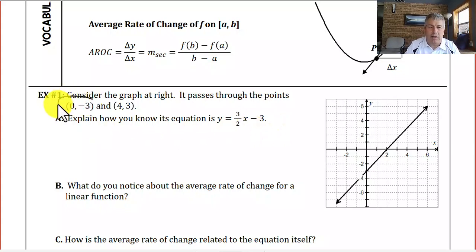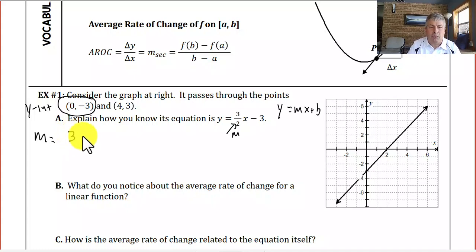Well, the minus 3 actually is pretty easy. (0, -3) is our y-intercept, and this format is y equals mx plus b. So the y-intercept is -3. Our slope is 3/2, our m is 3/2. Well, we can figure that out. That's our rate of change.